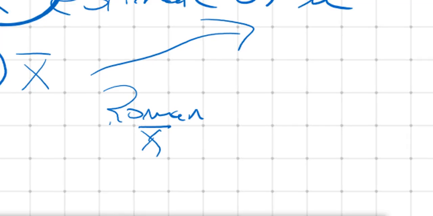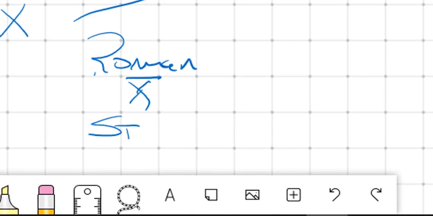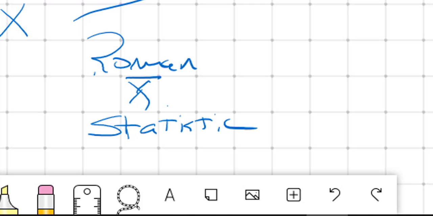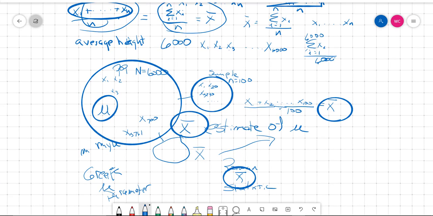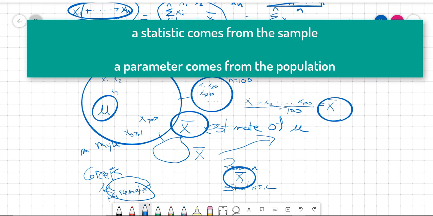And we don't call them parameters, so it's kind of a strange word, you'll think. Statistic, I think it's a strange word, but we call it a statistic, okay, not a parameter. So a statistic is something from the sample, and a parameter is something from the population. So let's say that again.